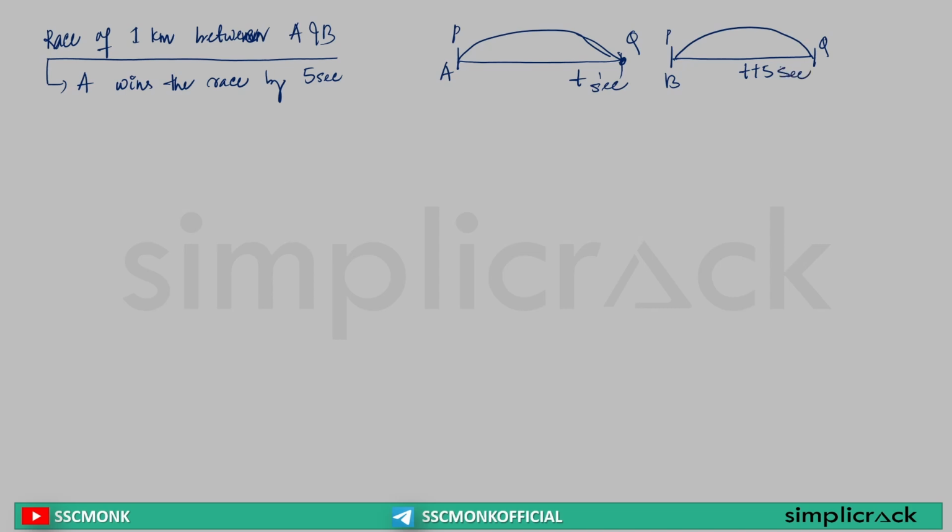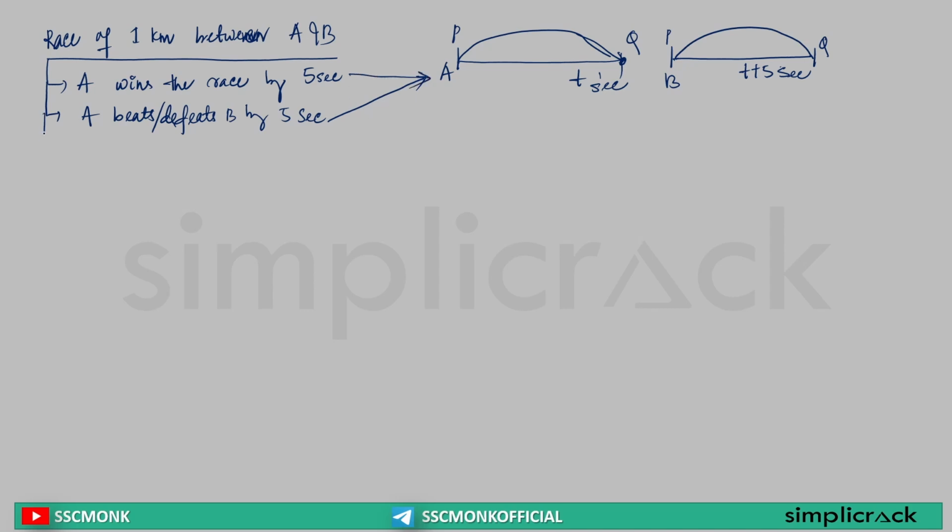Very basic thing. Now, if it says A beats or defeats B by 5 seconds, this means A takes T seconds, B will take T plus 5 seconds. Same thing as A wins the race by 5 seconds.